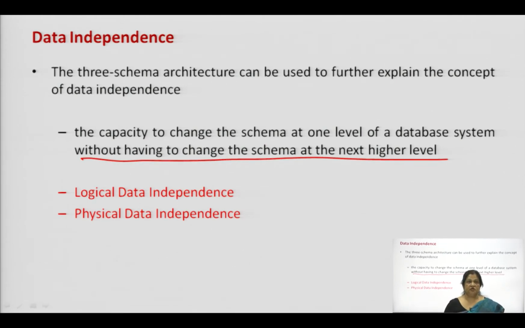That means, we can change the schema at the physical level without having to change the schema at the next higher level, which is the conceptual level. Similarly, we can change the schema at the conceptual level without having to change the schema at the next higher level, which is the external level. Accordingly, we have 2 types of data independence, that is the physical data independence and the logical data independence.